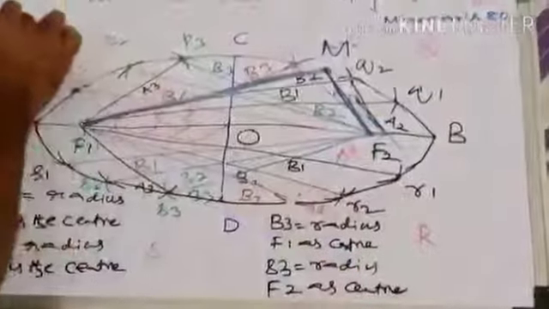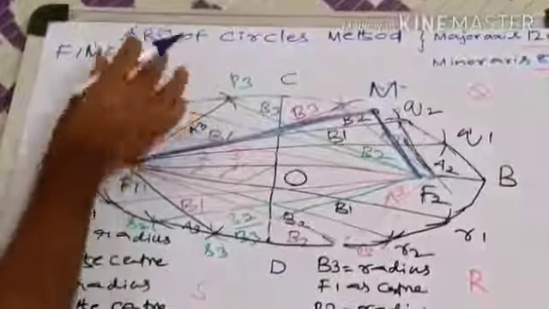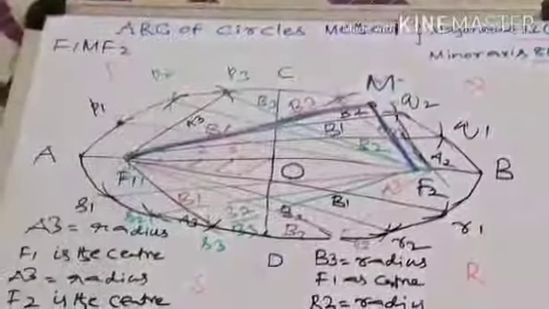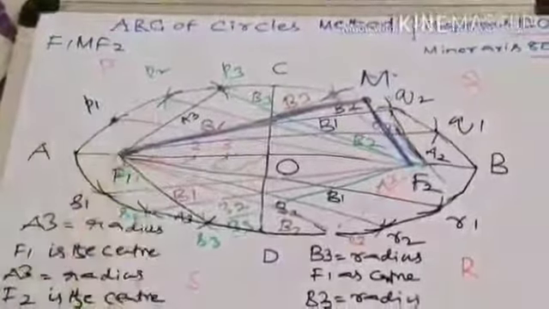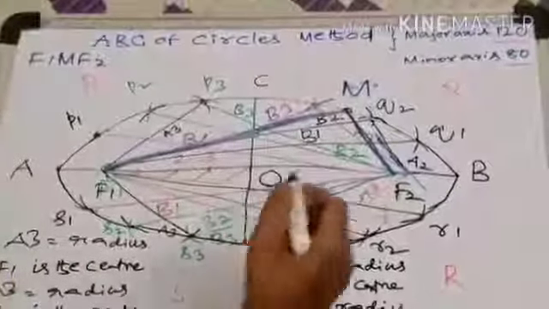Now you can see that F1, M, F2 is going to be an acute angle. Now for this acute angle, you have to draw a perpendicular bisector. How to draw the perpendicular bisector?